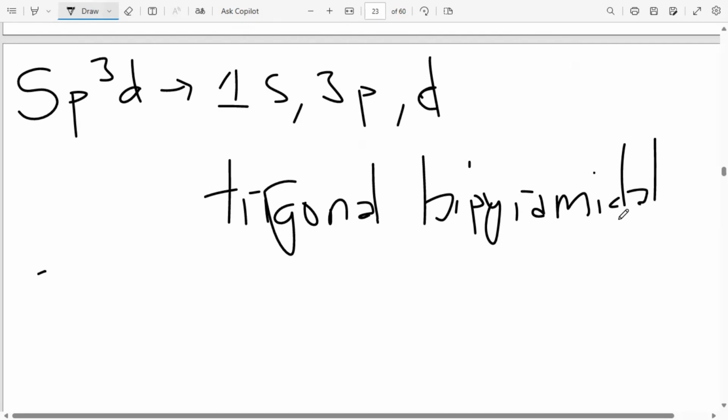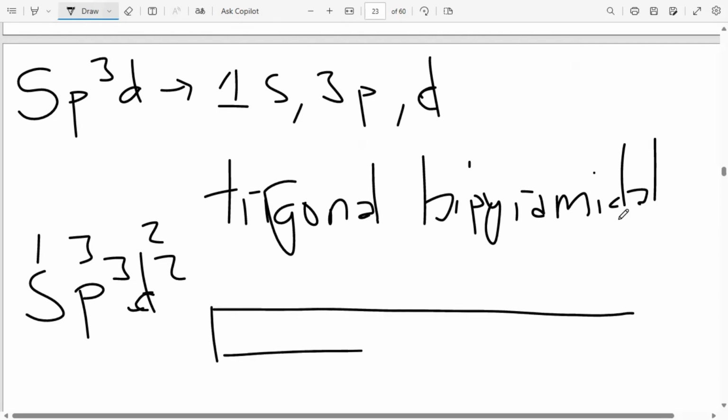And the last one, but not the least, I can talk about the sp3d2 hybridization. So we have one s orbital, three p orbitals, and two d orbitals combining. How many orbitals are these going to be? One s orbital, one, two, three. Okay, like that.